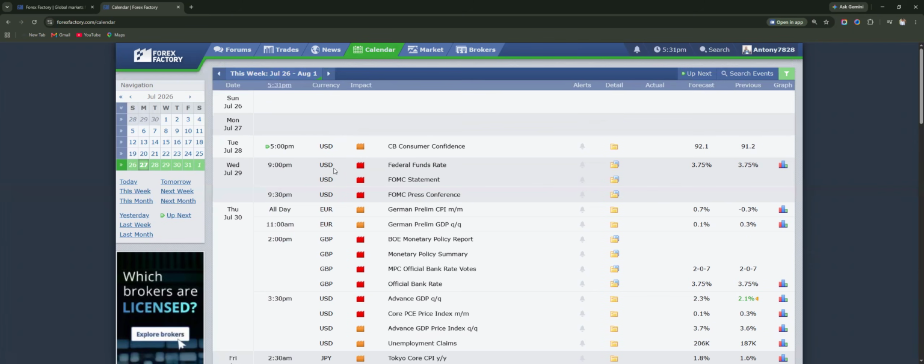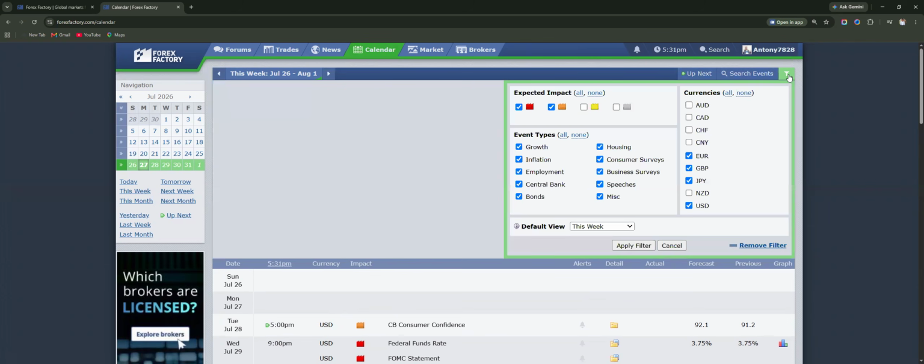Then we have the currency, which currency is affected by that news. So if it is USD, any pair to do with the USD is going to be affected by this news. Then you have the impact. When it comes to the impact, it's up to you to filter. On the right here, there is an icon written filter.